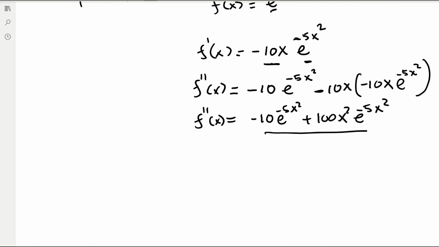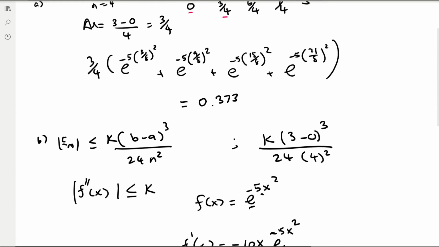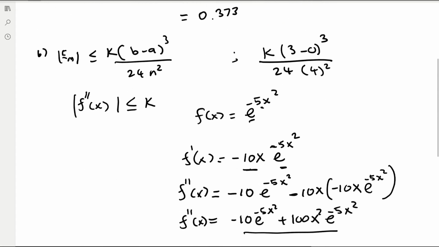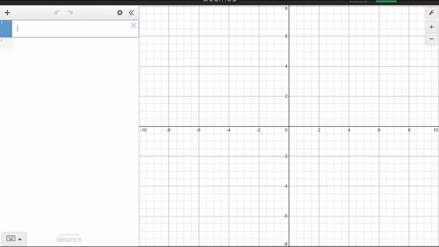We need a bound for this. What I told you is to graph it between 0 and 3 and see whether it's an increasing or decreasing function. Let me show you how to do it in Desmos.